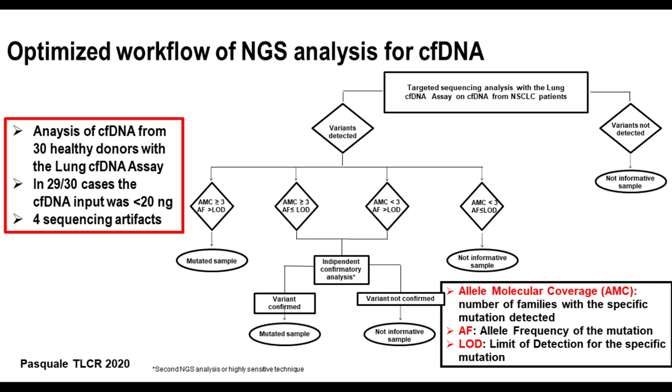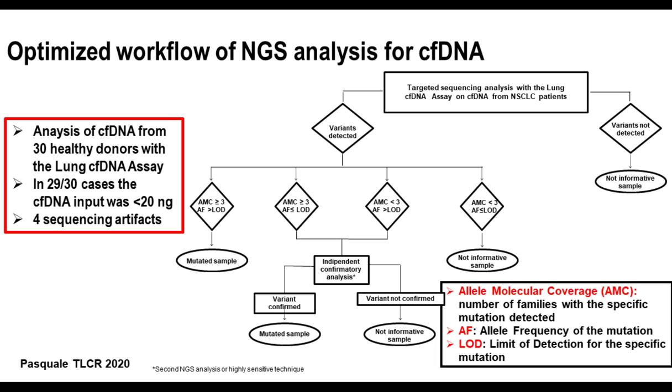What I have to underline is that healthy donors are really challenging samples to test, because in the majority of the cases, the input cfDNA was below 20 nanograms, the suggested level. And in fact, usually from healthy donors, we can isolate very few nanograms of cfDNA from peripheral blood.